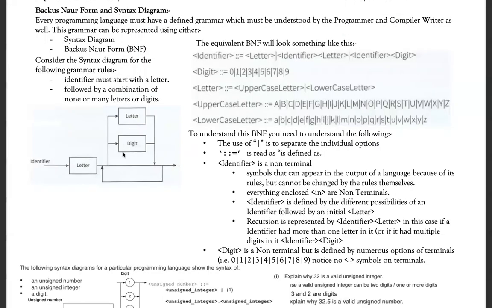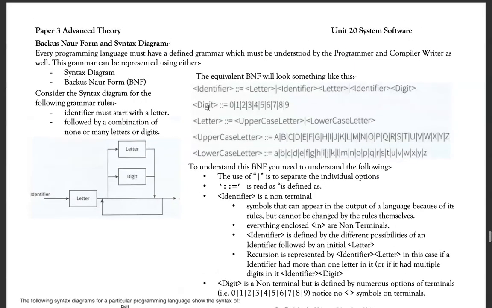As opposed to that, in your Backus-Naur form, your non-terminals are represented using this symbol around the chosen identifier or the word you have chosen as the rule defining word, the term that you're defining here. So if it's a non-terminal, you will place these two symbols around that word. And if it's a terminal, you don't have to use any of those symbols for that representation.